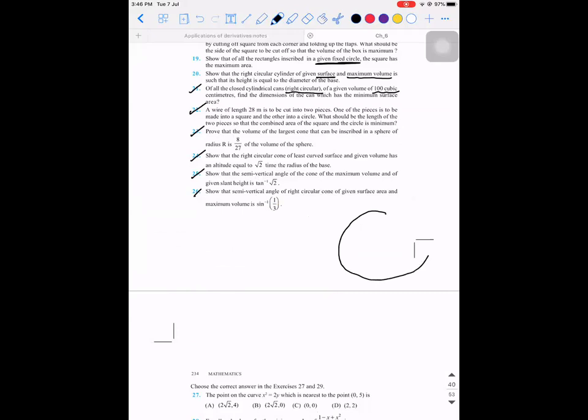So if I take a sphere, there is going to be a cone inscribed in it, right?